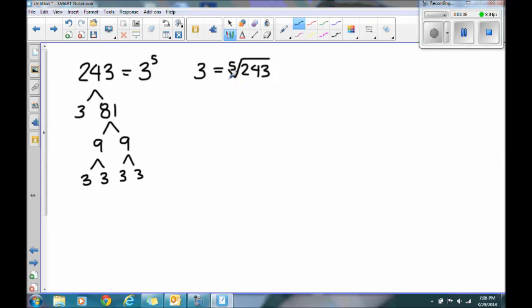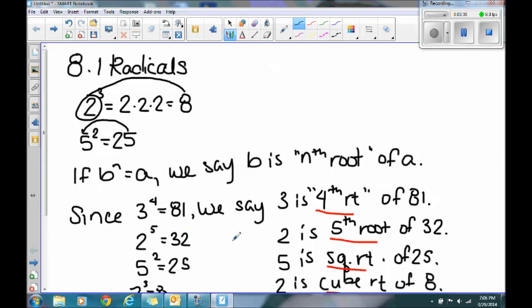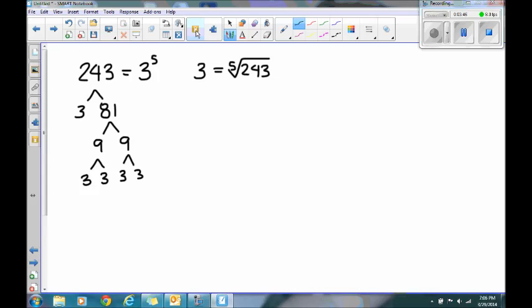Now, instead of being asked in words, what is the cube root of 8 or the square root of 25 or the 5th root of 32, we'll use a radical, like I did right here, to ask the question. If I want to know the cube root of 8, I'm going to put a little 3 on the outside of my radical symbol.